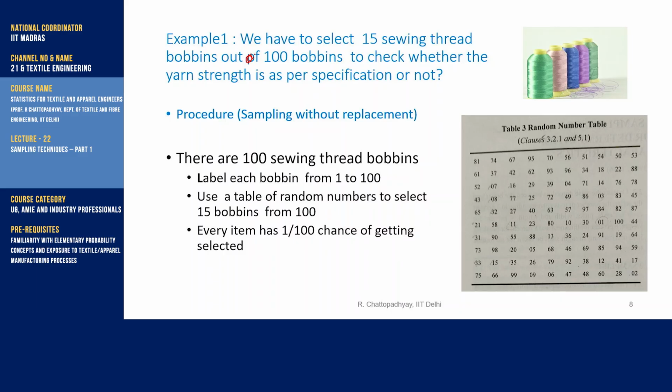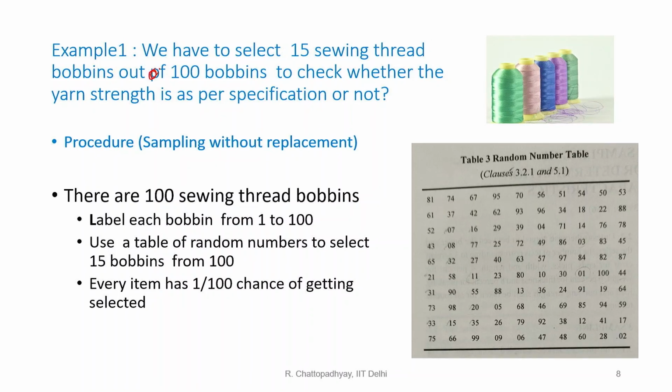So suppose we have a small lot of 100 bobbins and we have to select 15 sewing thread bobbins to test some property. So how do I select these 15 out of 100?